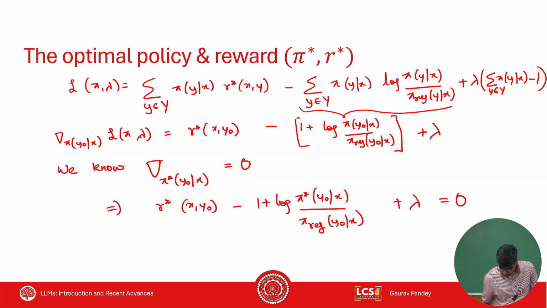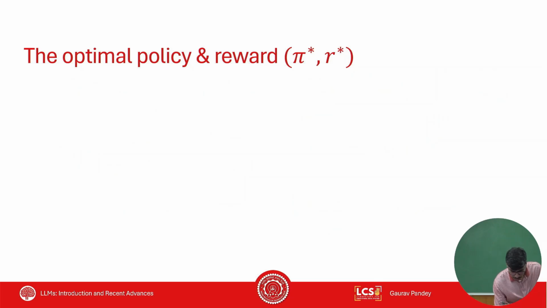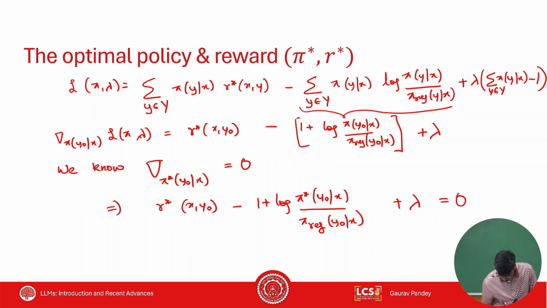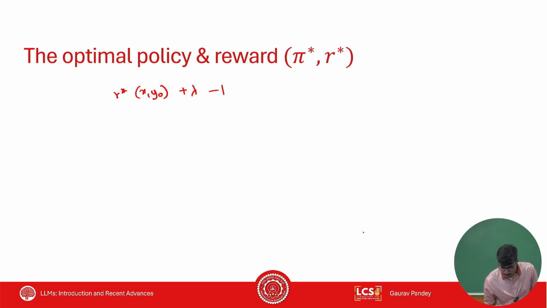We have r star(x, y naught) plus lambda minus 1 is equal to log of pi star(y naught given x) over pi ref(y naught given x).